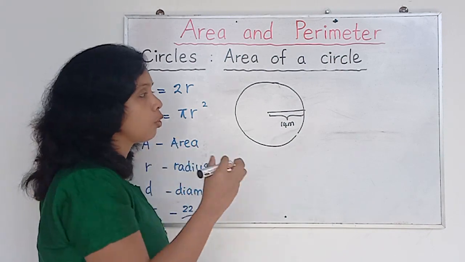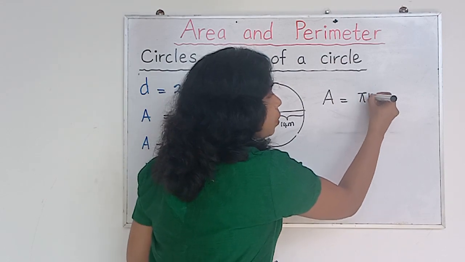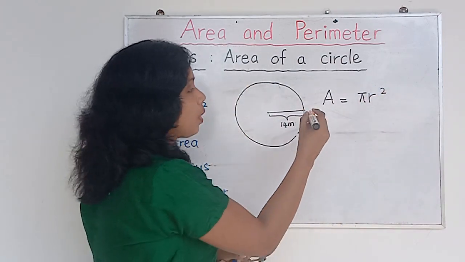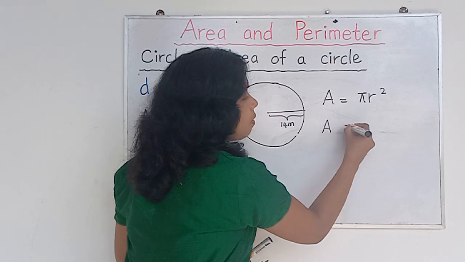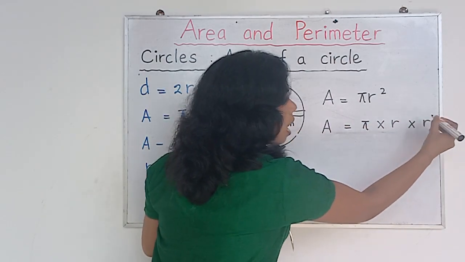Children, how do you find it? The formula is A equals πr squared, right? So how do you expand this? A equals π times r times r.